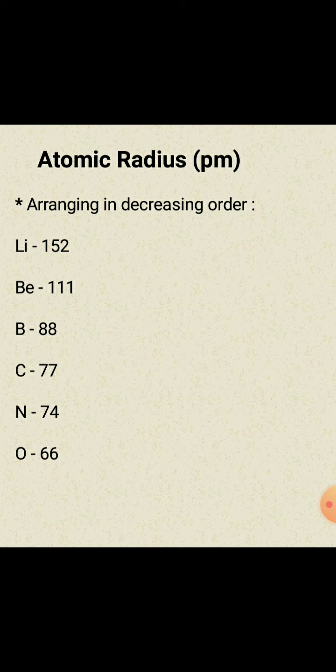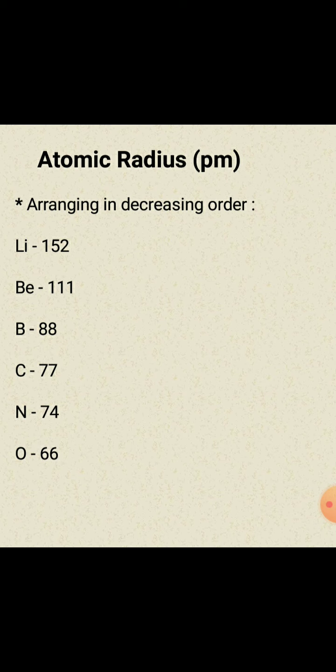First is lithium, then beryllium, then boron, carbon, nitrogen, oxygen. And what about their atomic radii? The atomic radius decreases as we move from left to right in a period.